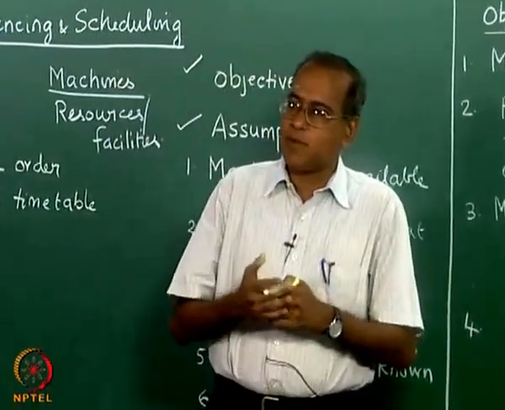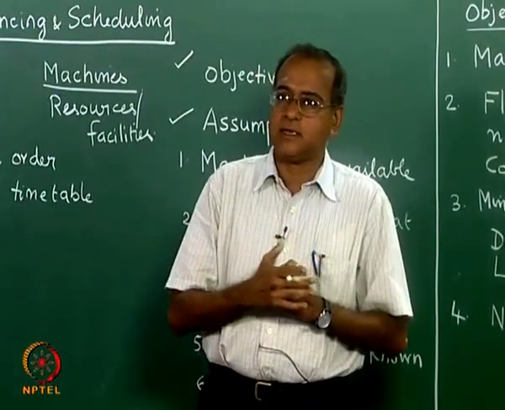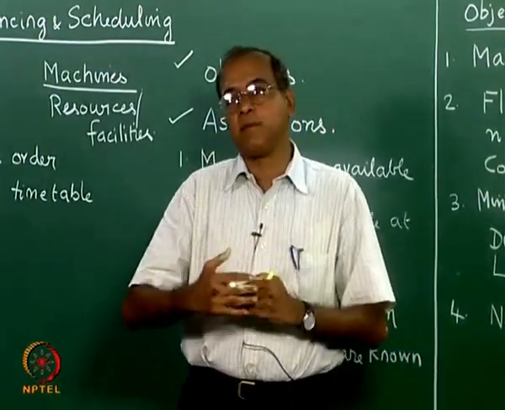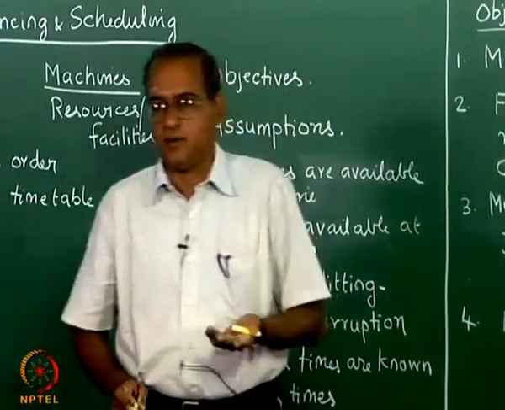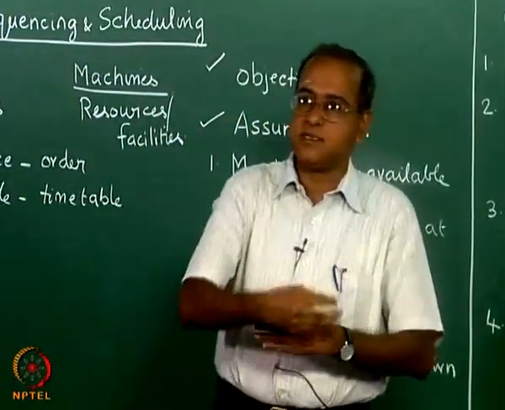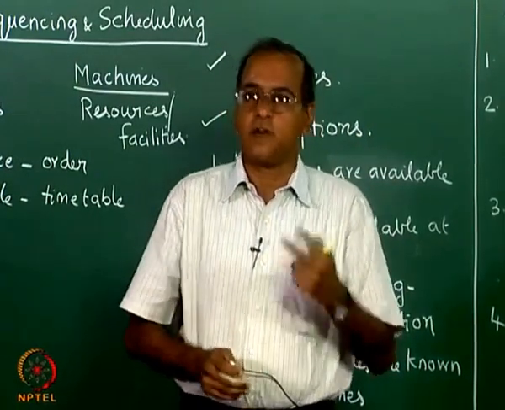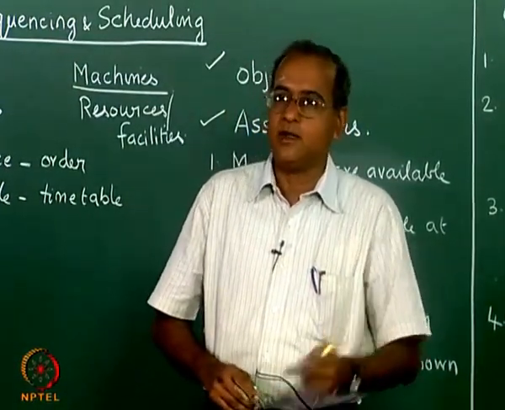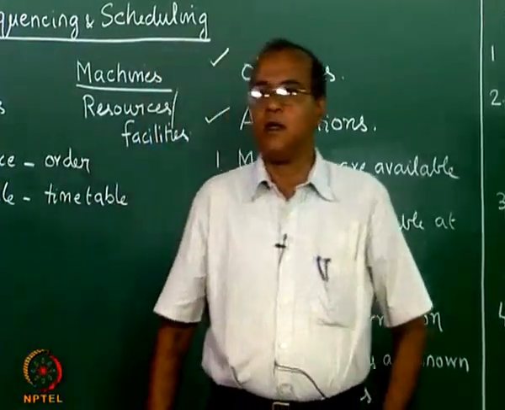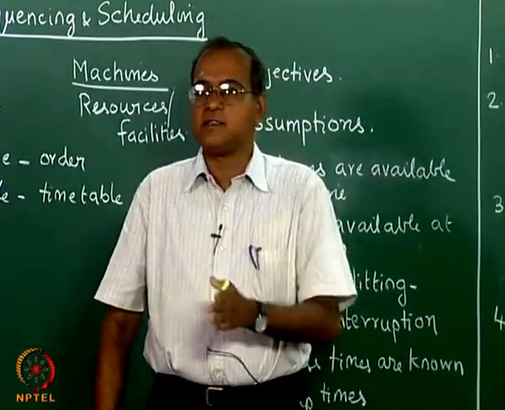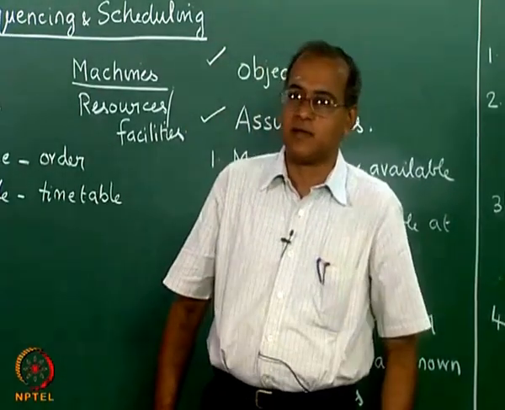So if a job is completed ahead of schedule or early, you cannot immediately ship it to the customer because the customer does not want it. If the customer is practicing just in time, the customer would say, if you are early by 2 days, do not send me today, send it to me exactly on my due date. Therefore, earliness is also not a desirable thing.